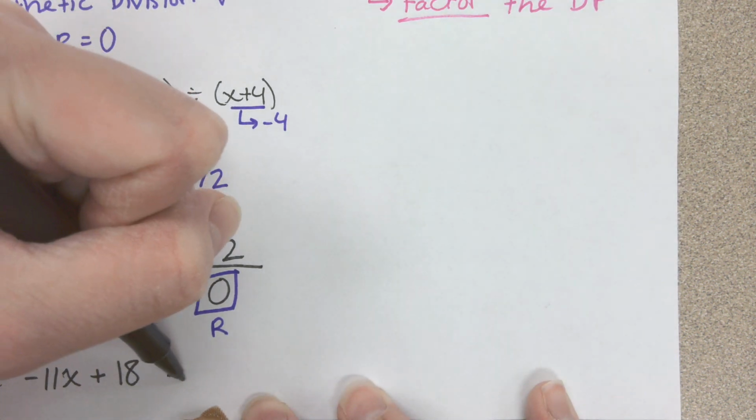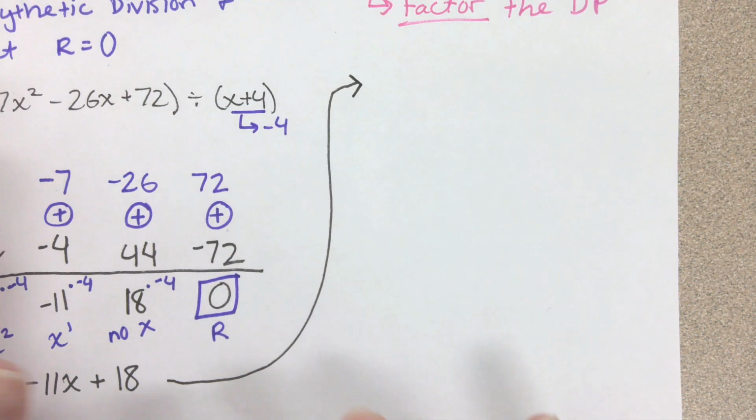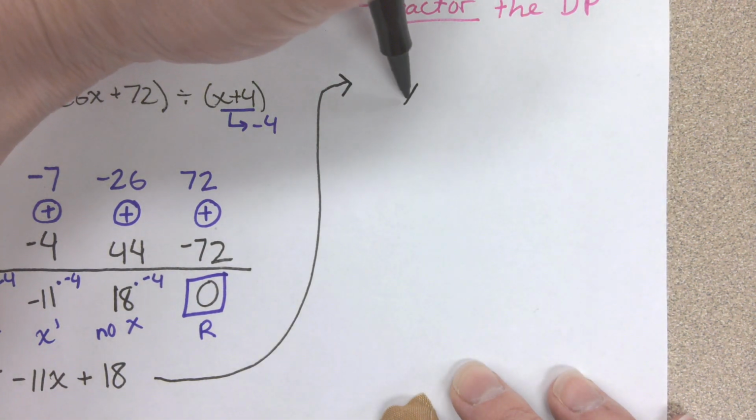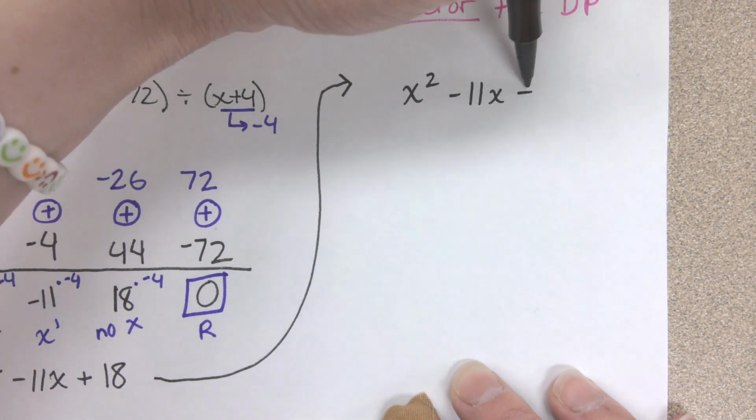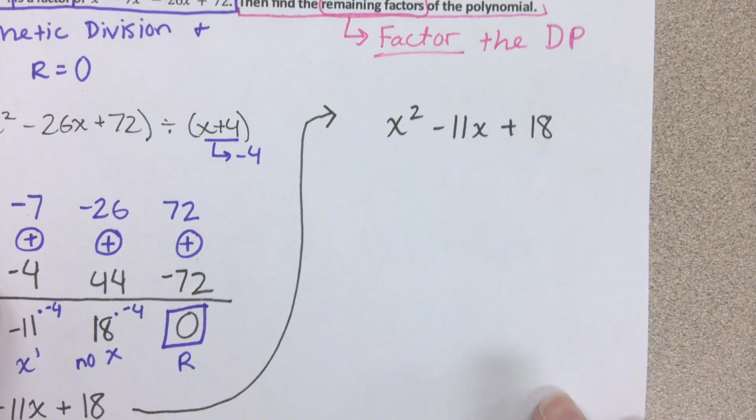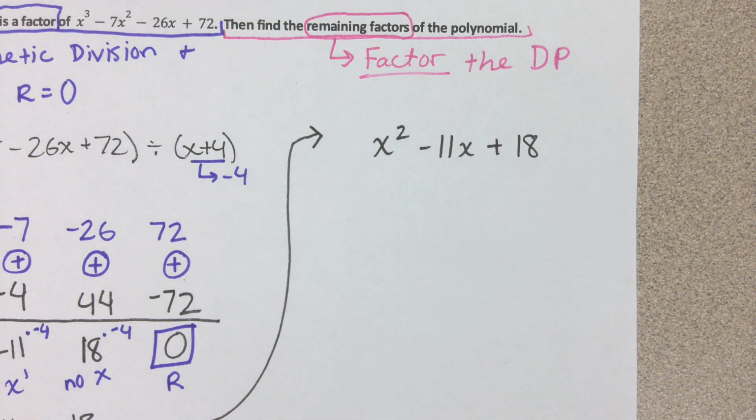So I'm going to take my DP and bring it up here. X squared minus 11x plus 18. And then we're just going to factor that.